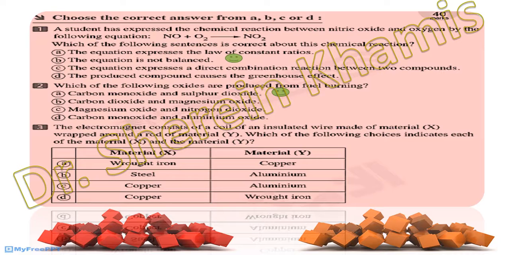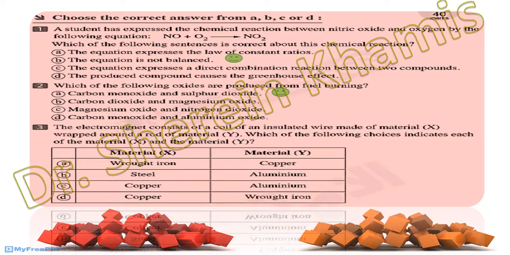We have choices A, B, C, and D for material X and material Y: wrought iron and copper; steel and aluminium; copper and aluminium; copper and wrought iron. We make wires from copper, so it is C or D. The rod is made of wrought iron, or soft iron.